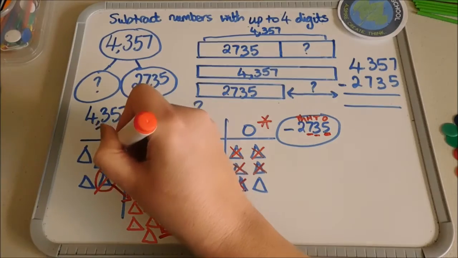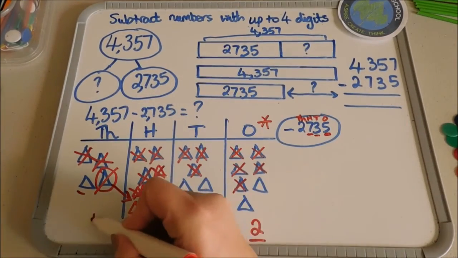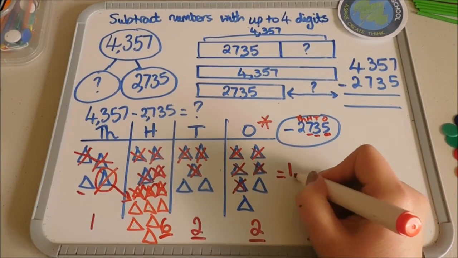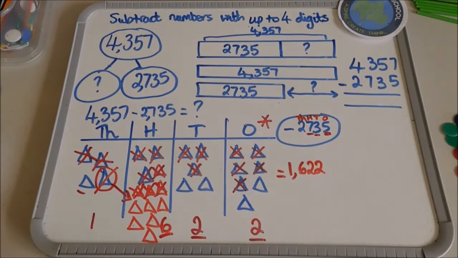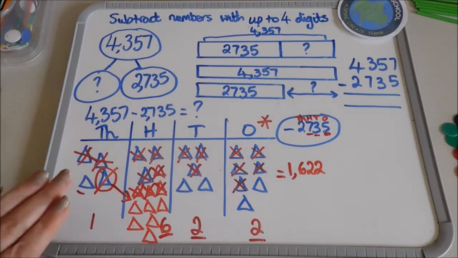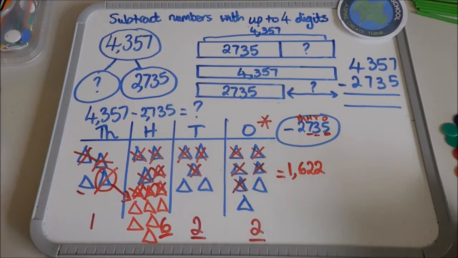So I'm going to subtract 2 thousands and that leaves me with that 1 there. So my answer is 1,622.